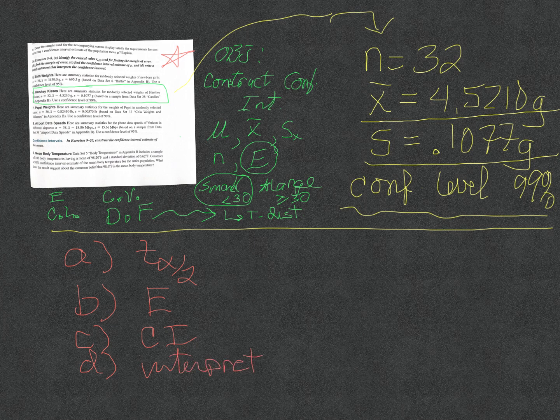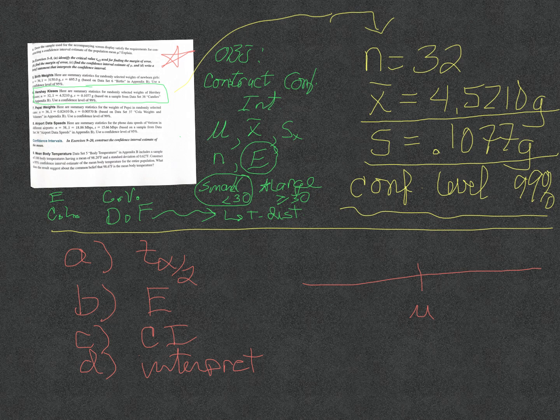Let's talk about confidence intervals before we actually do it here. What do we actually do with a confidence interval? I take this sample of size 32, and let's say the true mean is here. I don't know what that true mean is, but I want to estimate it.